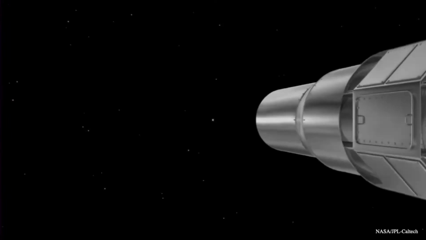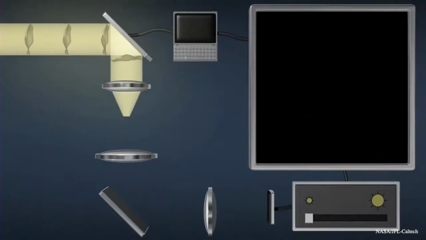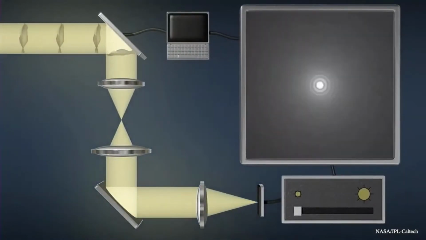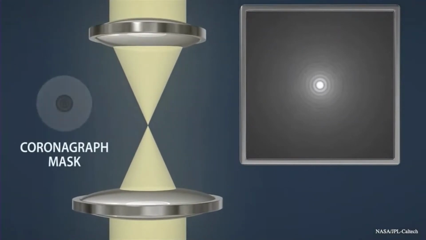The light is going to go through the telescope, and we're going to see what's happening inside. Here, the light first reaches a mirror and then a couple of optics and creates the image of the star on the detector.